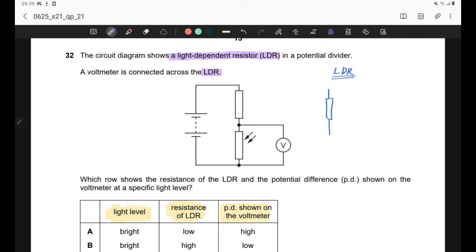It changes depending upon the light intensity, or light falling on it. When the light falling on it increases, or the brightness increases, its resistance will decrease. So the relation is: when the brightness of the light falling on it increases, the resistance of the LDR will decrease.